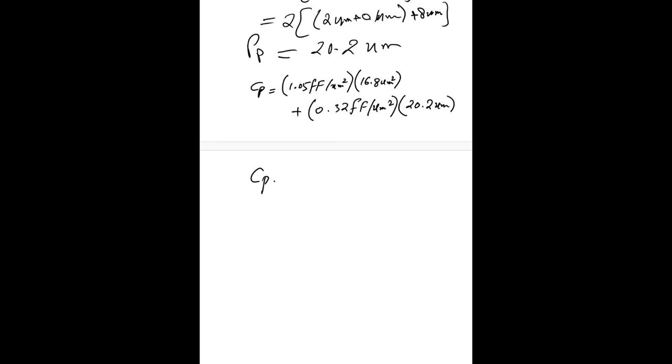So the final value of CP is 24.10 femtofarad.